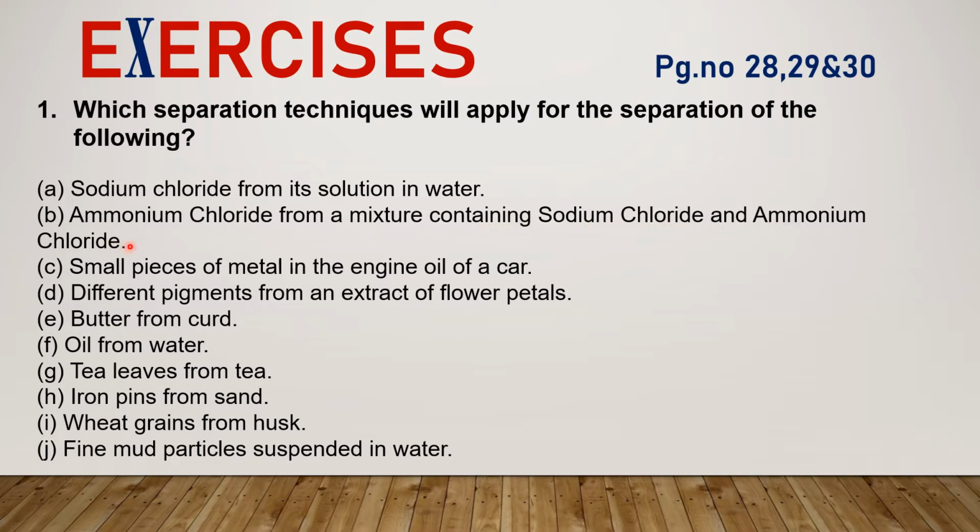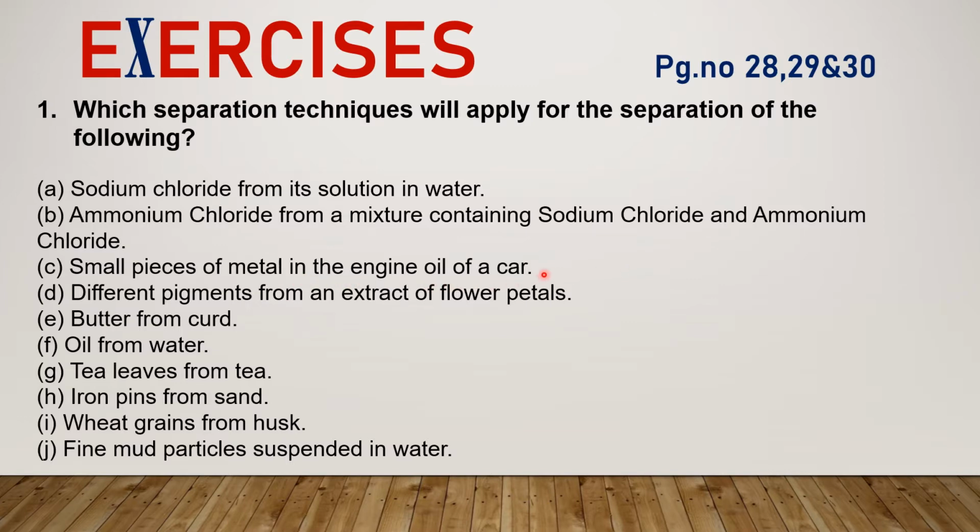So ammonium chloride. Okay, so we can use sublimation. The technique sublimation, because ammonium chloride is a sublimable component. C, small pieces of metal in the engine oil of a car. Small pieces of metal. So we can use filtration.